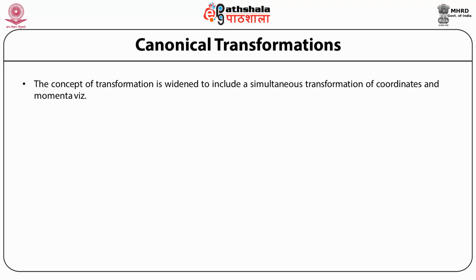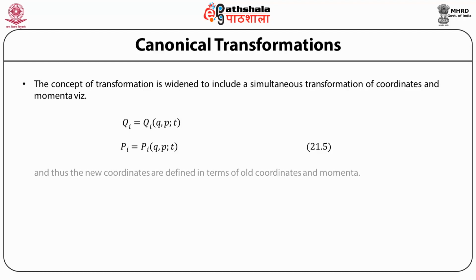So we have a transformation from the old coordinates q and conjugate momenta p to the new coordinates capital Q_i. So capital Q_i is a function of the old coordinates and conjugate momenta and time t, and the new conjugate momenta capital P_i are functions of the old coordinates and momenta and the time t. We thus have the new coordinates defined in terms of old coordinates and momenta.